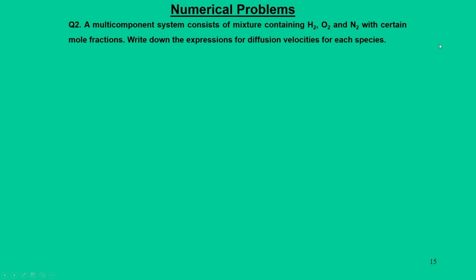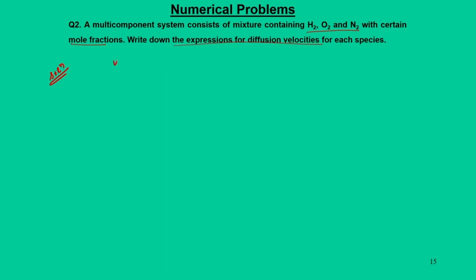Now, the next problem is the same multi-component system involving H2, O2 and N2 with certain mole fractions, which we know, and we have to write the expression for diffusion velocity. Diffusion velocities can be written by 2 expressions.